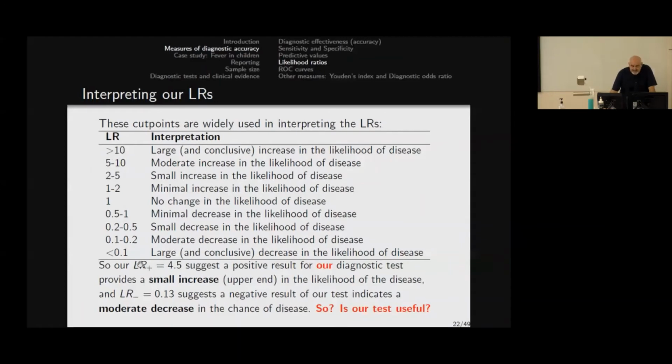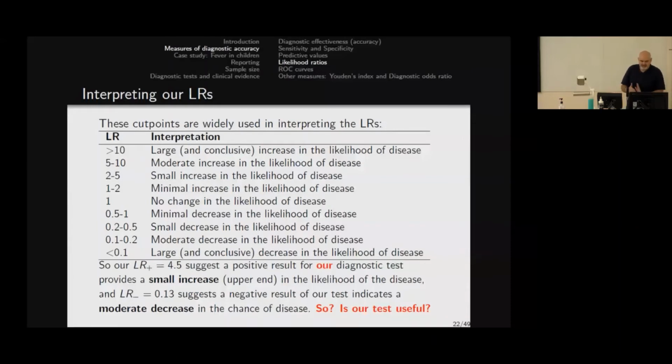On the other end of the scale, with negative likelihood ratios, we want it to be less than 1, and the closer it is to 0, the better a test is at ruling people out. So how did our test do? Our positive likelihood ratio was 4.5, so it was at the upper end here. We could say it's a small increase in the likelihood you've got the disease, but I think that's probably being a bit mean.